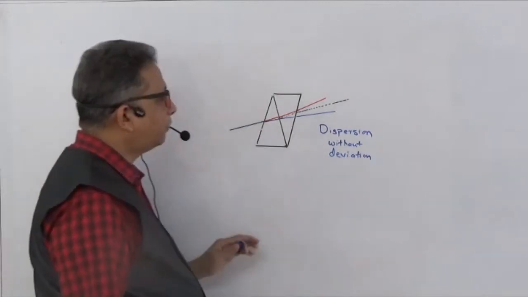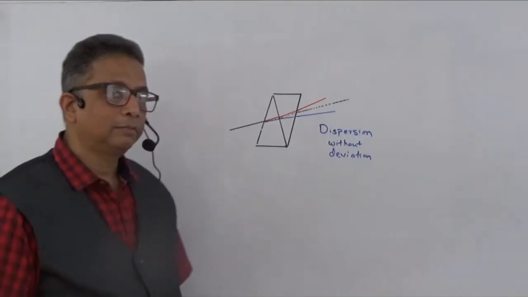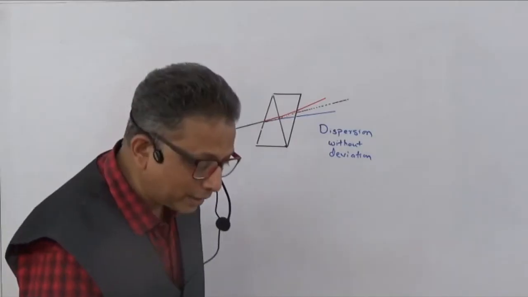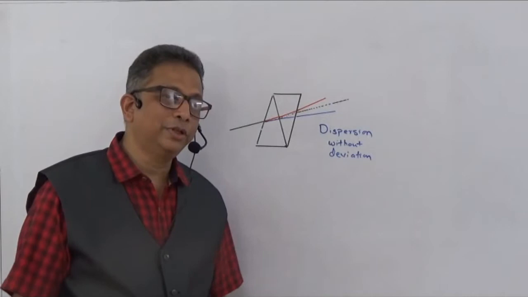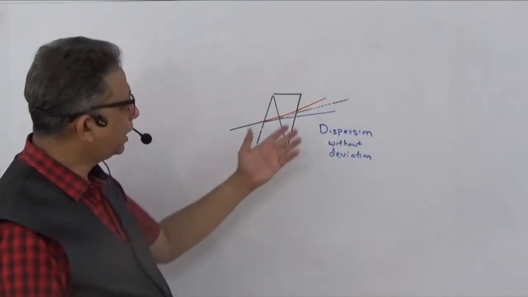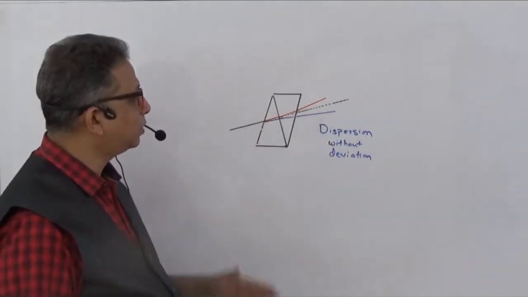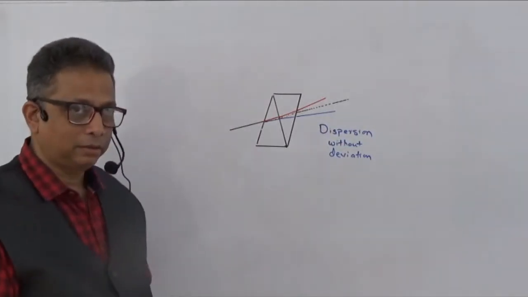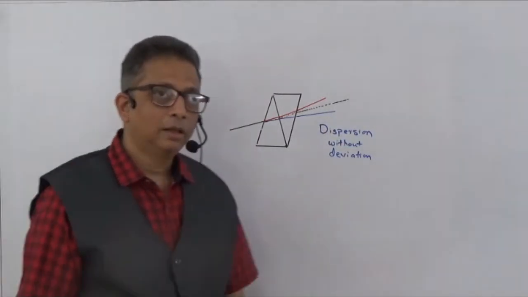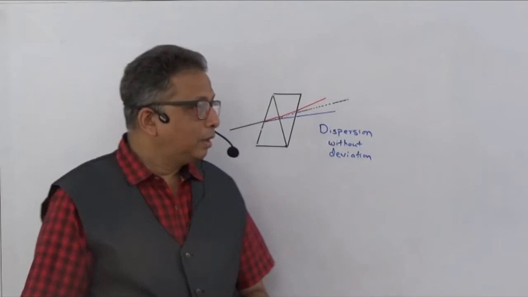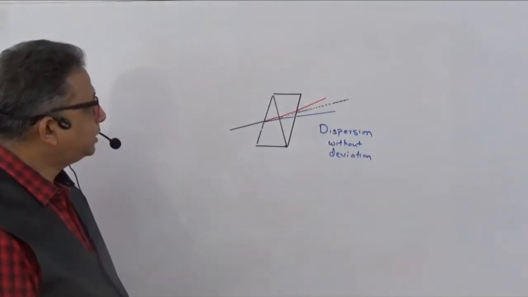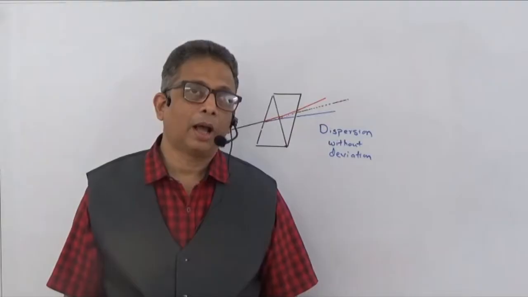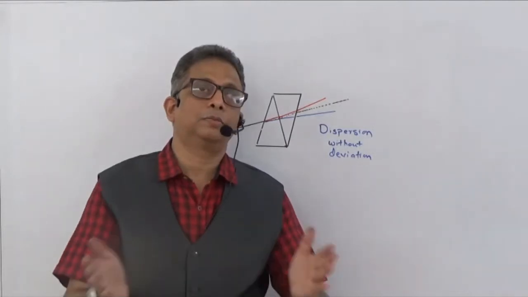Whenever this topic is read in your textbooks, it becomes a bit confusing to understand how you can say dispersion is there and deviation is not there. All the rays are getting deviated. Then how is this topic relevant? Unless the colors deviate, they are not going to split into constituent colors.